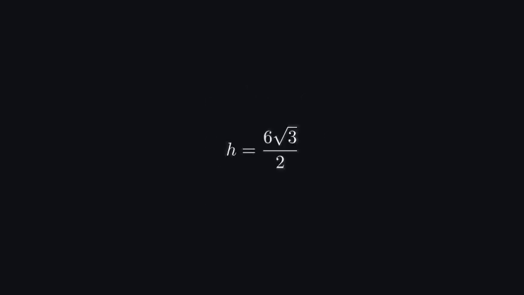Continue the aligned calculation. The next steps are shown one line at a time. h equals 3 the square root of 3.